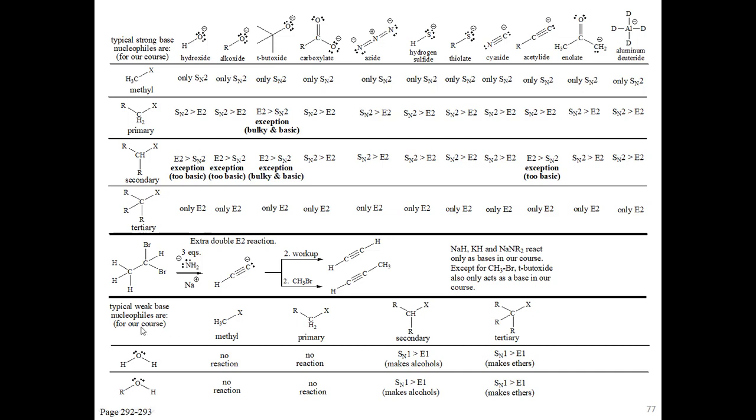For the SN1 E1 neutral conditions, here's a methyl, primary, secondary, tertiary. And so this would either be neutral water or neutral alcohol, methanol, ethanol, something like that. And what we saw was that making a methyl carbocation or a primary carbocation was not possible. So this is really easy. No reaction and no reaction.